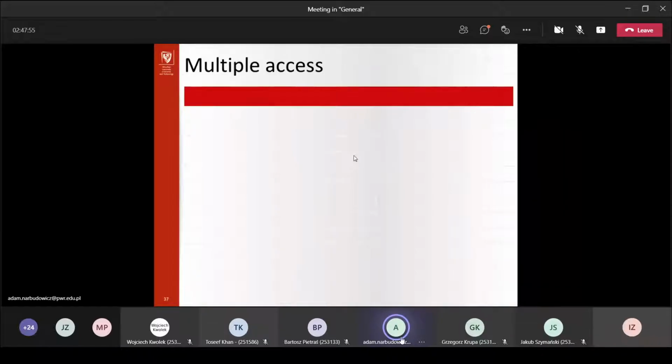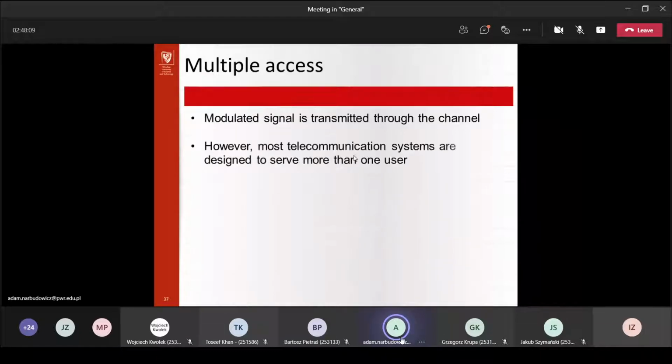So we know anyway how to modulate our information over a channel, how to encode that information into physical qualities. The problem comes in that most telecommunication systems are intended to serve more than a single user, right?